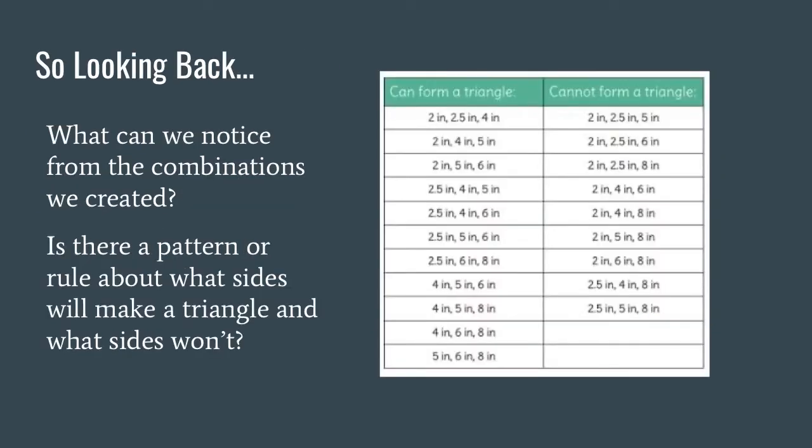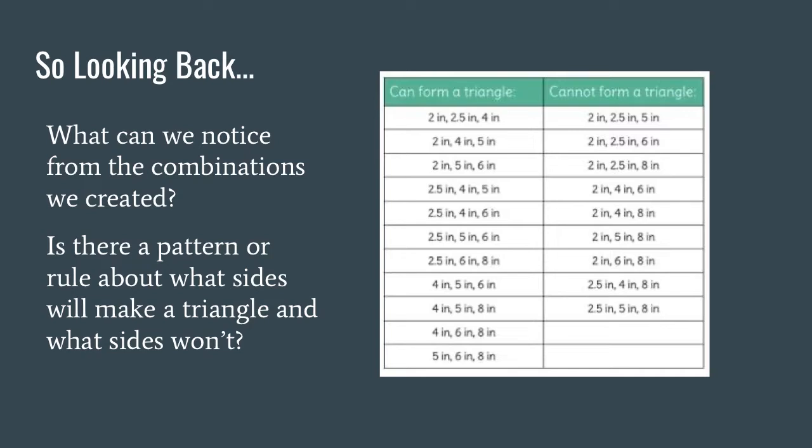So looking back, what do we notice from the combinations we created? Is there a pattern or rule about what sides will make a triangle and what sides won't? If we look at these 11 versus these 9, these 11 will make a triangle, these 9 won't.